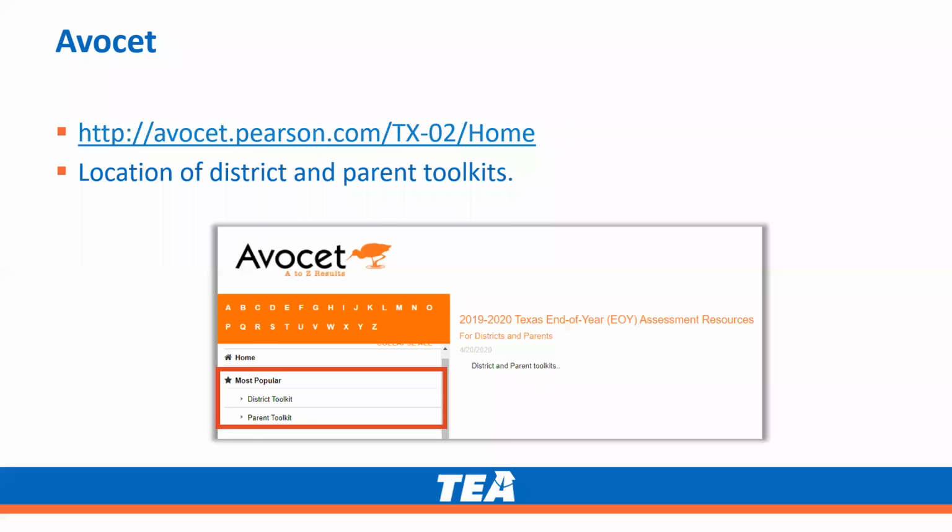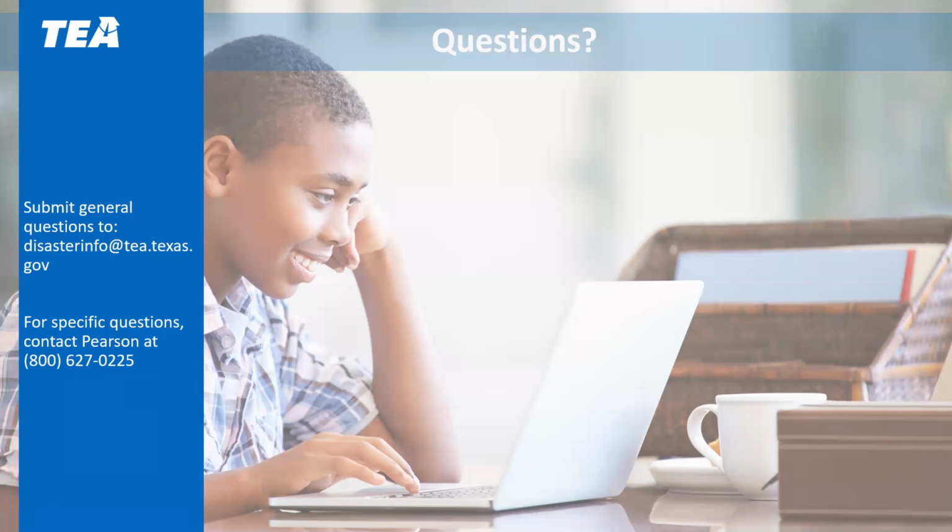This is just going to contain end of year assessment resources, and you'll see on the left hand side there will be information for the districts under the district toolkit, and for parents under the parent toolkit. So currently right now we just have the video posted, but once things get completed they will be posted on the Avocet site. All right, and that brings us to the end of the Pearson portion of the presentation.